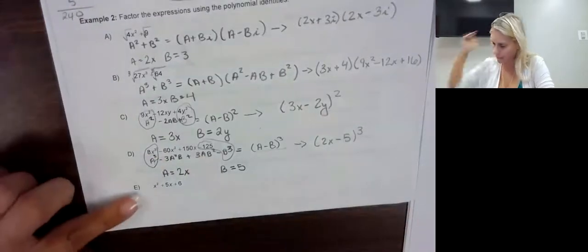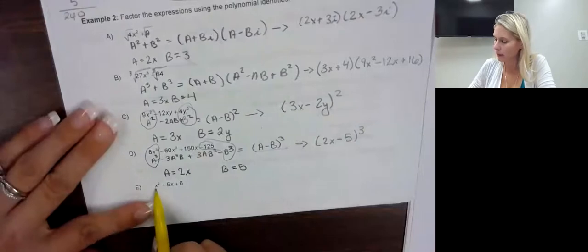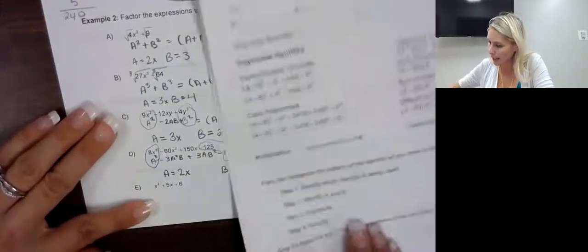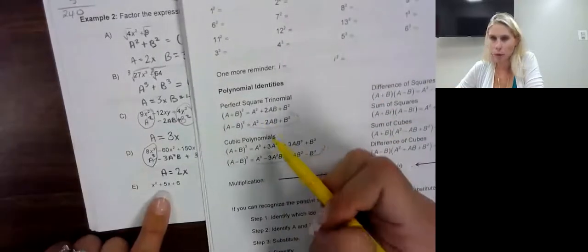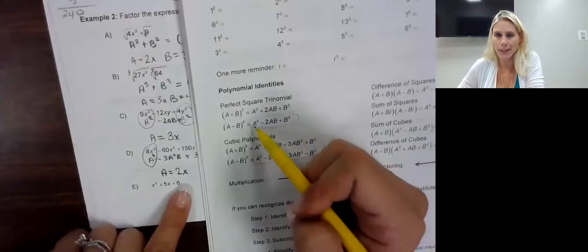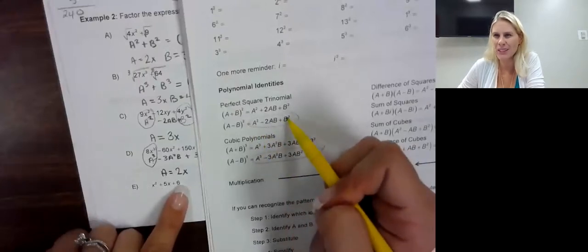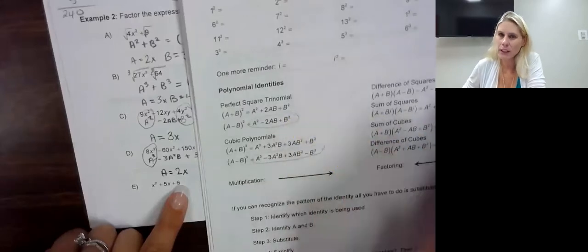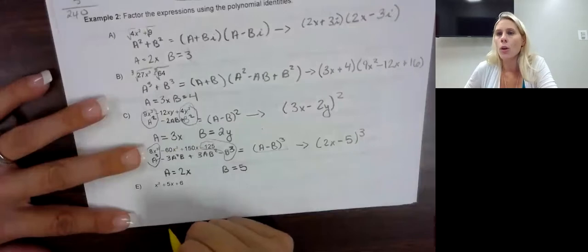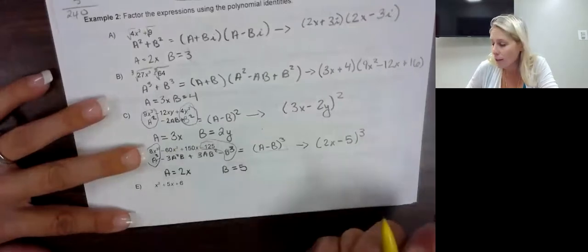All right, E. Okay, so let's look at this one. It's 3 terms. But as you can see, remember before when we were dealing with our three terms, we cared about our A and our B. And our A would be x, but can we take the square root of 6? No, we need perfect squares for this. So this one, guys, you're just doing your box or your grouping method of factoring.